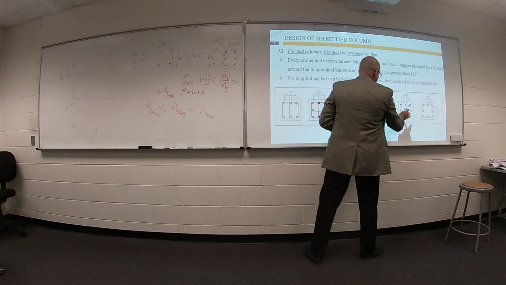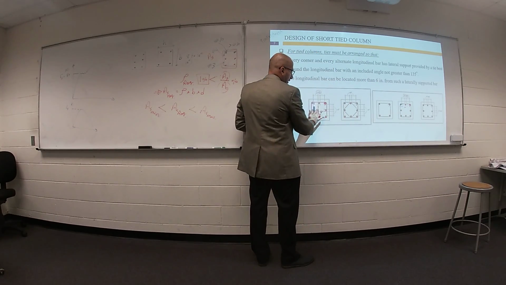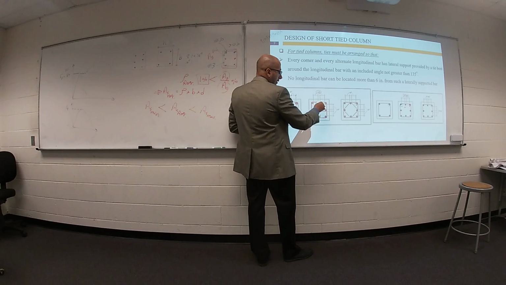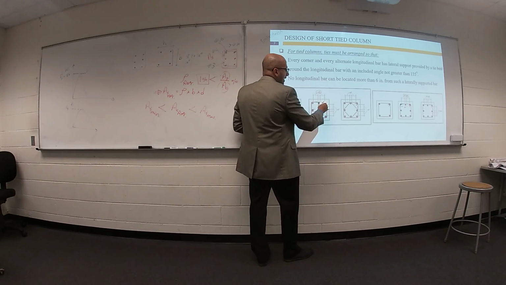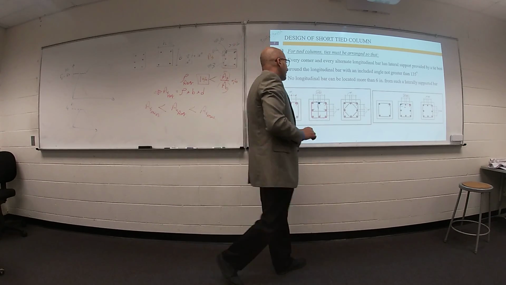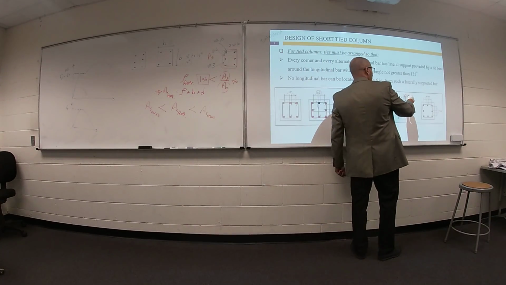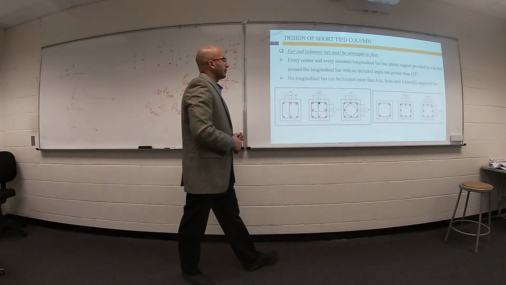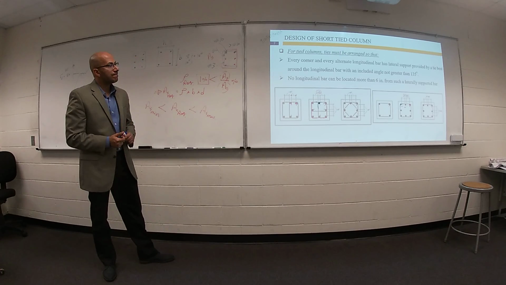But for an intermediate bar, for example this bar, with this distance greater than 6, this bar must be supported by 2 legs. We have 1 leg here, so we need to add another leg here. If this distance equals 6 or smaller, we don't need an additional leg. That's fine.